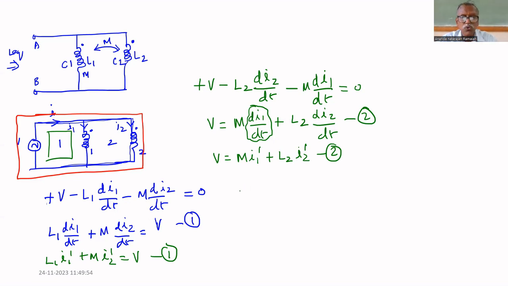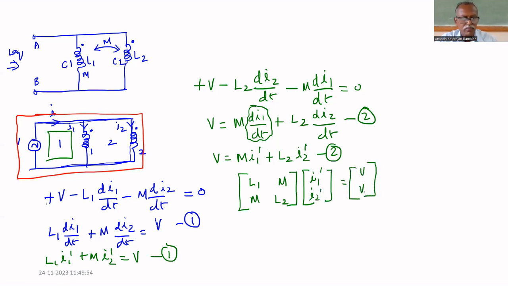In matrix form, you will get the matrix L1 M, M L2, multiplied by I1 dash, I2 dash, equal to V, V. Am I correct or not? Yes.